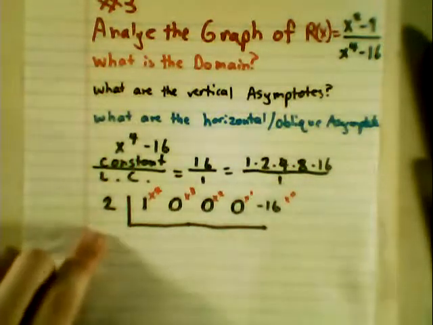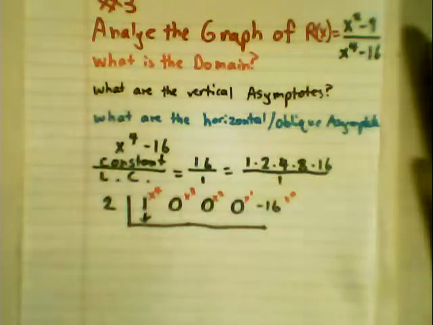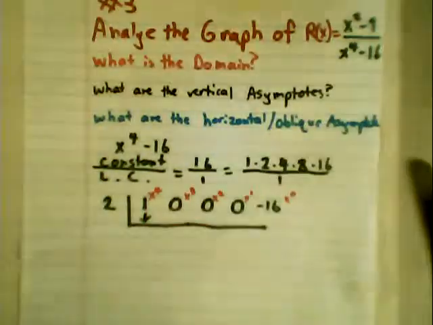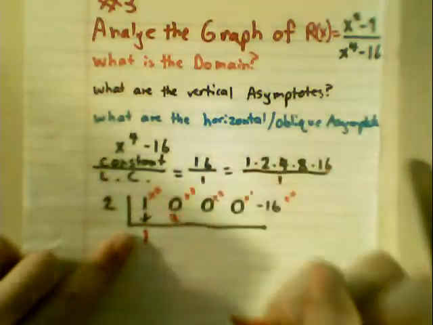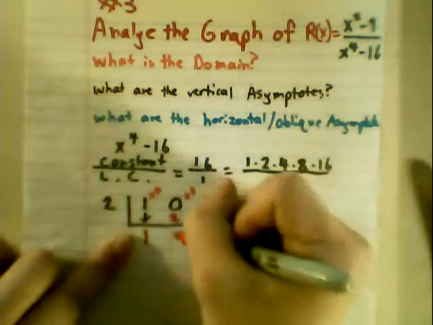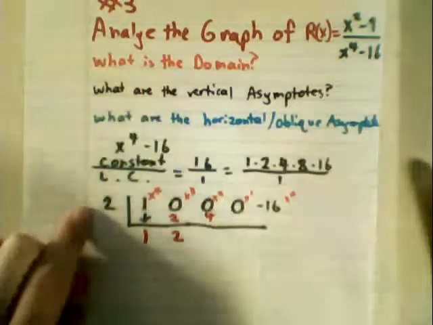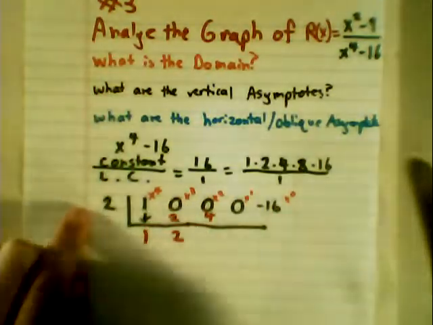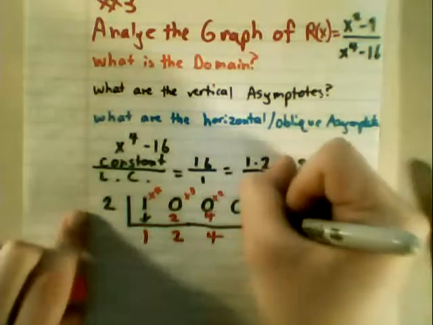Okay, so how we do synthetic division is we first pull the first one down. So we have 1. We multiply it by 2, so we get 2. We add them, and we still have 2. Then we multiply them, so we get 4. We add 0 and 4, so we get 4. We multiply them, 8.